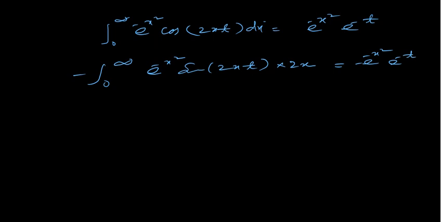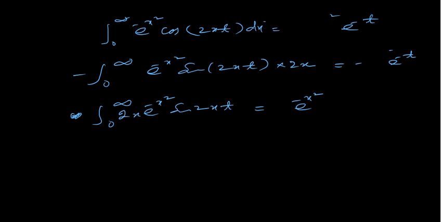So you conclude that the integral from 0 to infinity of e power minus x square sine of twice xt, twice x, the minus and minus will go, is equal to root of pi by 2 into e power minus t.